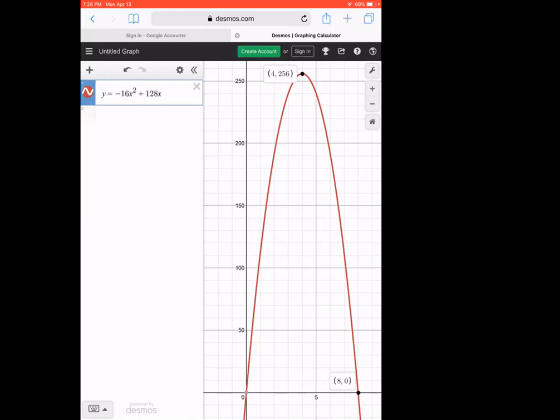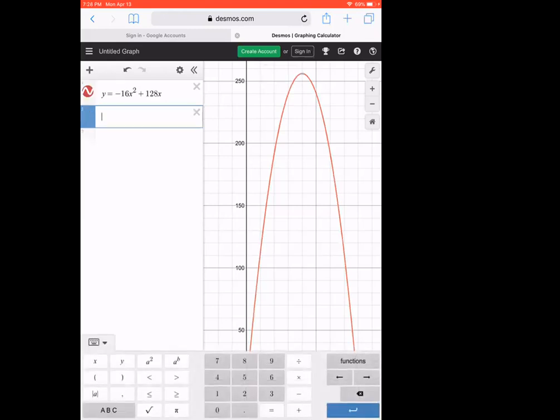Okay, so here's how you can find that on Desmos. If you look back where we typed our equation, if you just click, you can type a second equation. And what I want to know is, when is the height going to be 112? So the easiest way to do it on here is to just type in y equals 112.